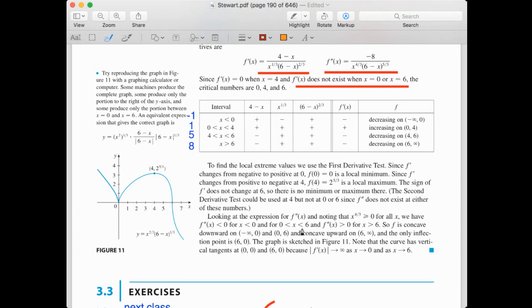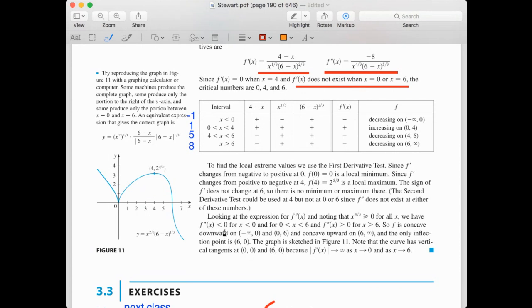From 0 to 6, we can choose one representative, a positive number. The first factor is positive and the second is positive for both denominators, and again the numerator is negative. So from 0 to 6, the second derivative is also negative.